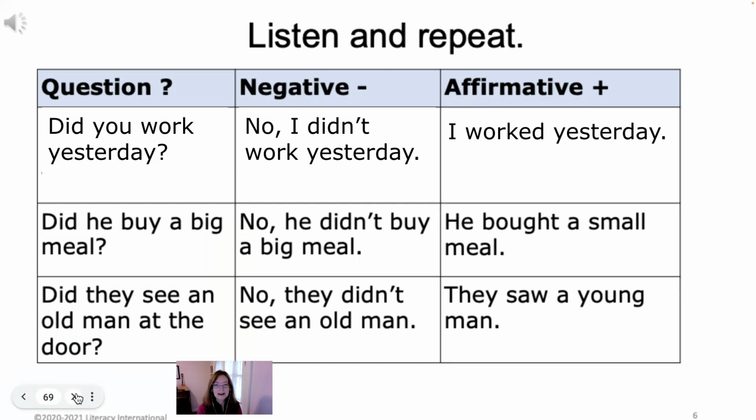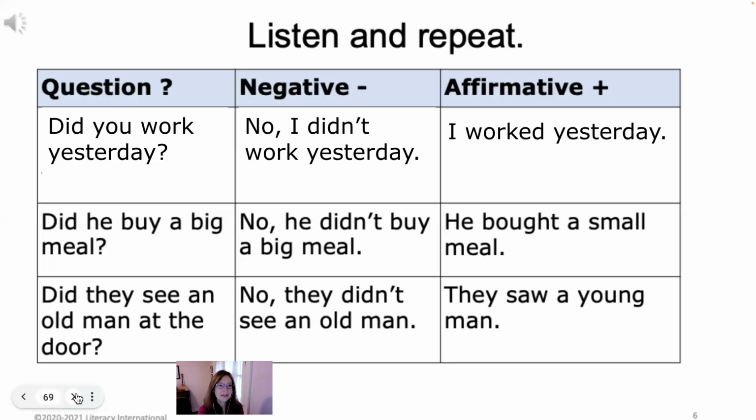And so you'll often find that students are going to be introduced to concepts before we fully explain them and teach them. And that's just because there's so many different forms and vocabulary that you're constantly running into in English that we don't try to teach them everything at once. So by the time they do get to this lesson, they are a little bit familiar with the past tense.